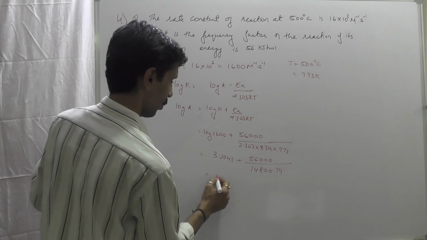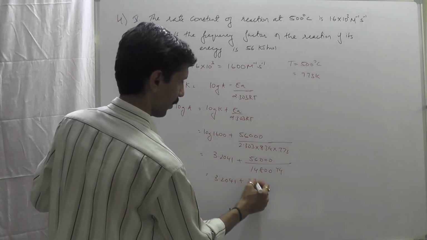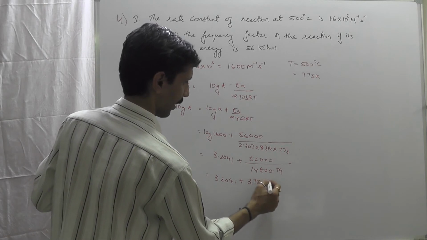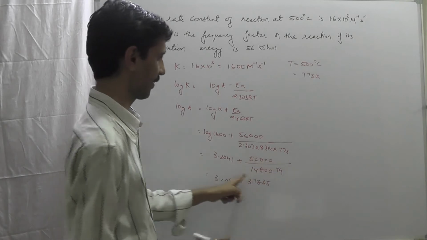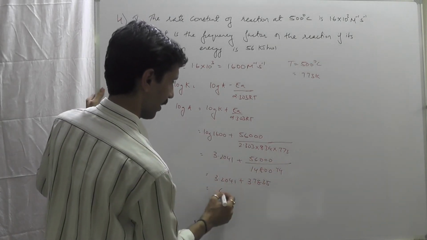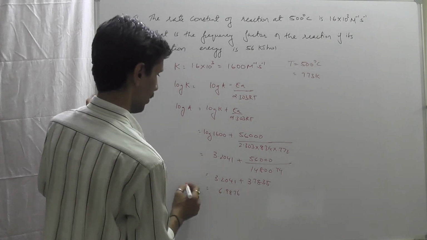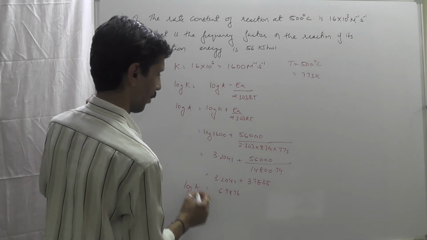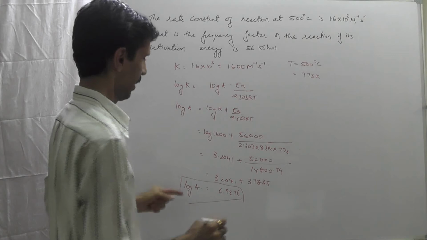So that is equal to 3.2041 plus 3.7835 will come as its answer. Okay, this entire answer will be 3.7835. So that is equal to, if you add these two, you will get 6.9876. What value did you get? The value of log A, 6.9876. Okay, now what do you do?